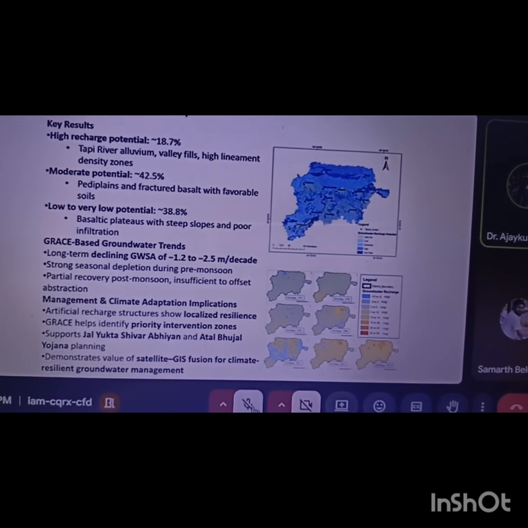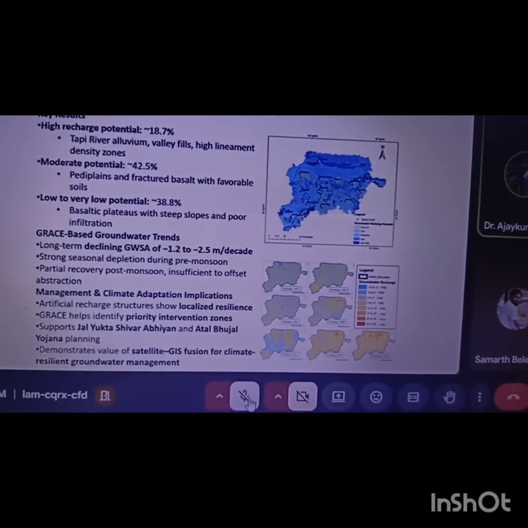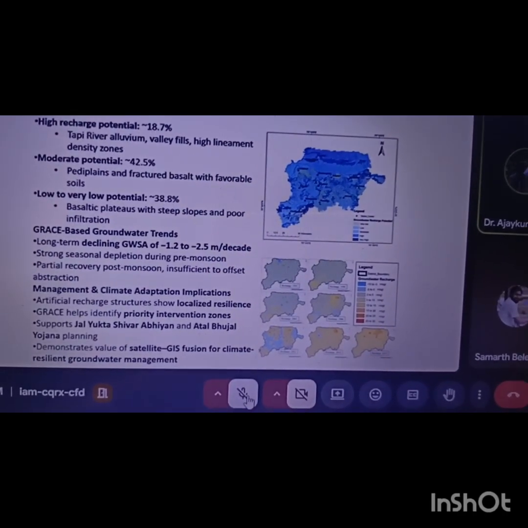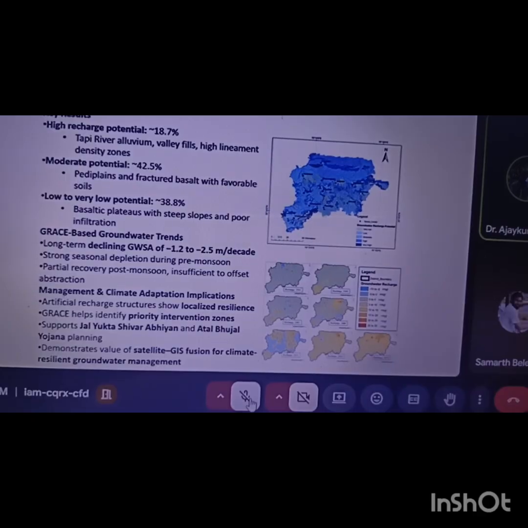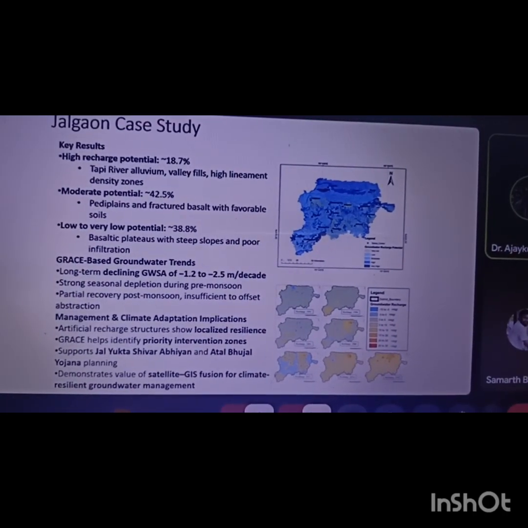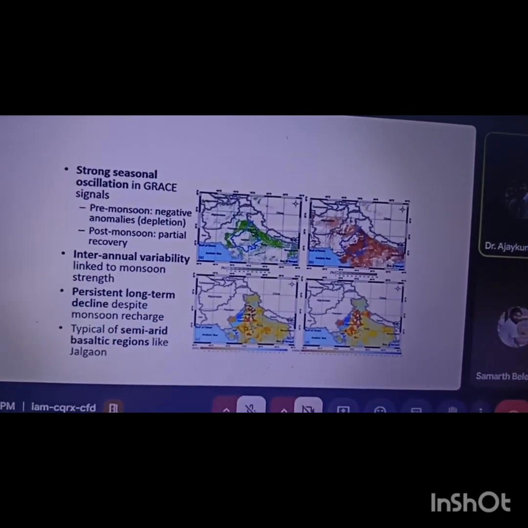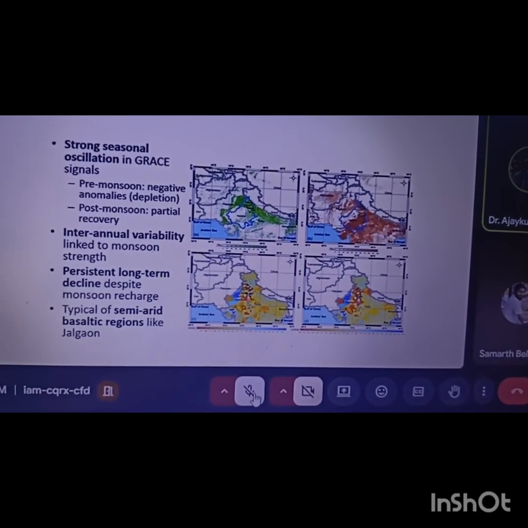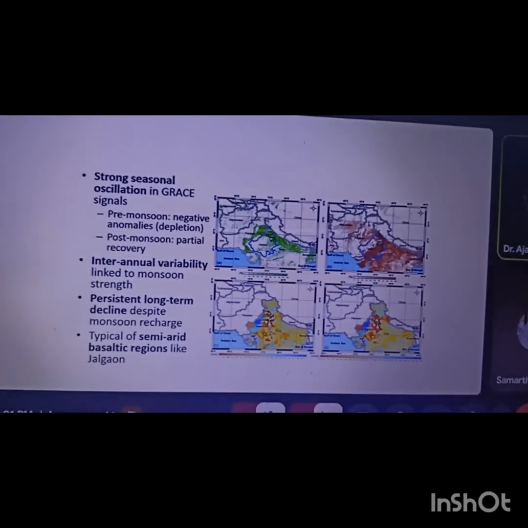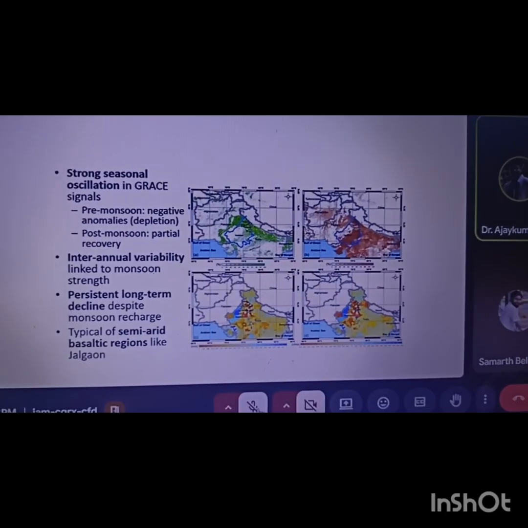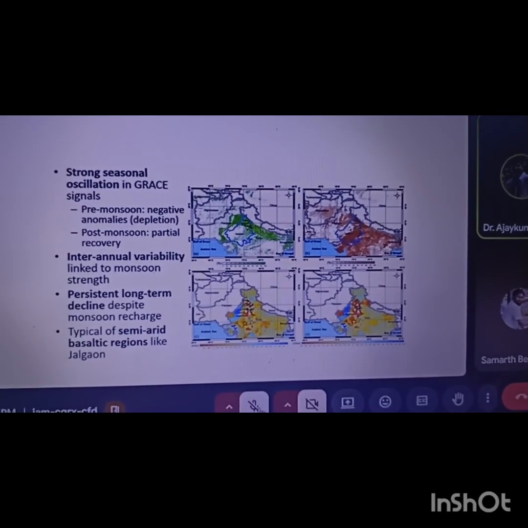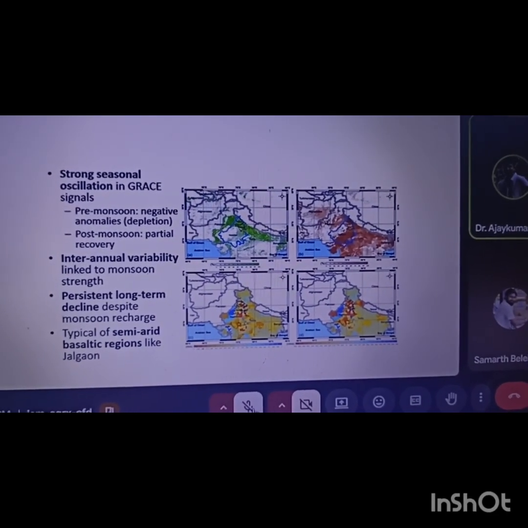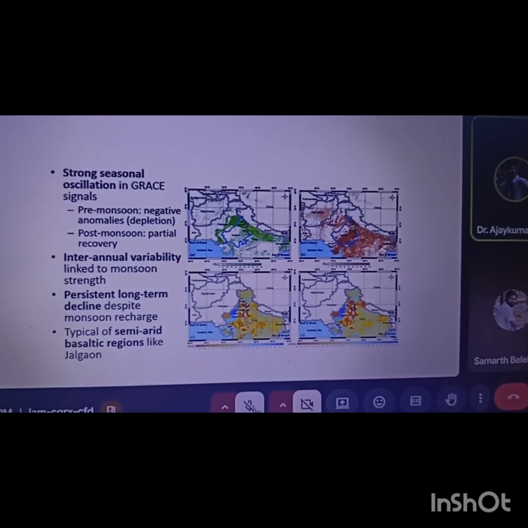Artificial recharge structures show local resilience, and GRACE data, all these are the conclusions of that study. The next study will be on interannual variability, where you can identify how there are changes in the rainfall pattern as well as groundwater level depletion.